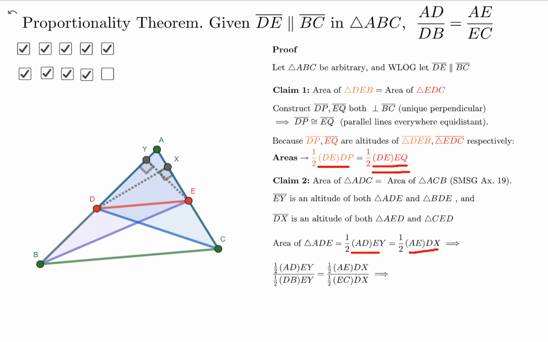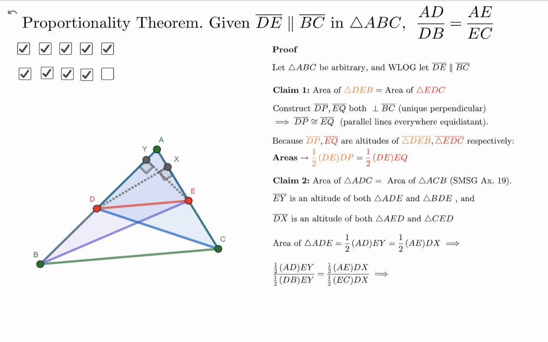Let me make this point that we're using these altitudes now. We created the altitudes DX and EY. So even though we are in fact dividing through by these values up here, the area formula that we're going to use is slightly different. But let's check this out.